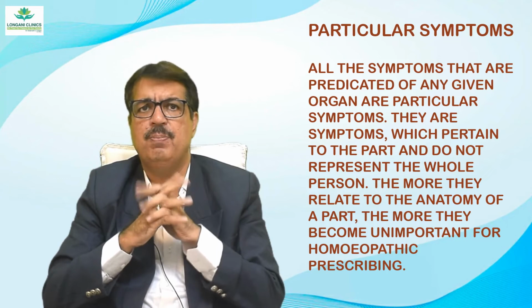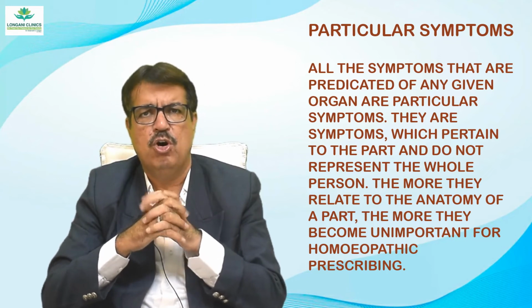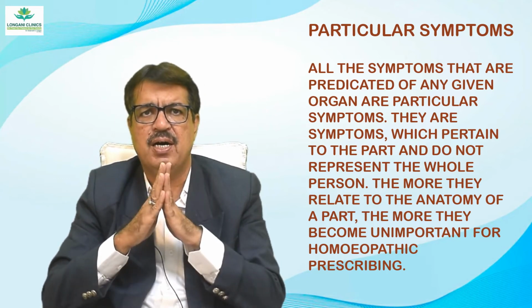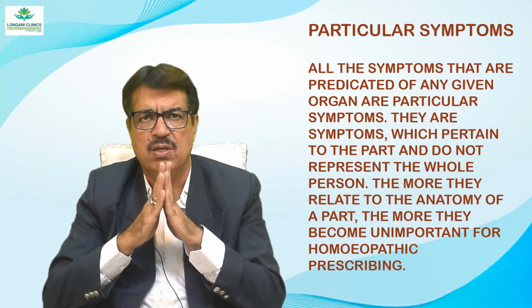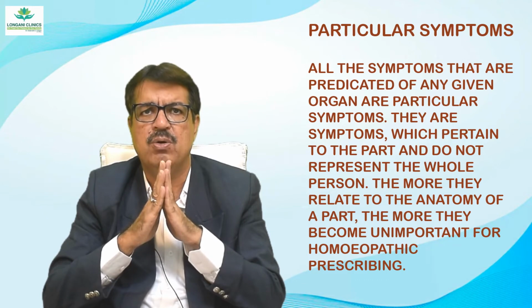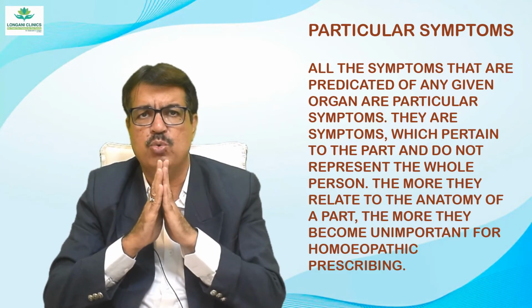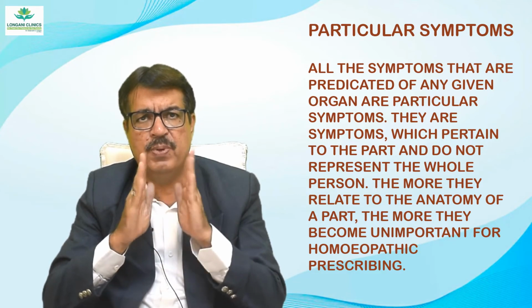Now we will see the particular symptoms. All the symptoms that are predicated of any given organ are particular symptoms. They are symptoms which pertain to the part and do not represent the whole person.